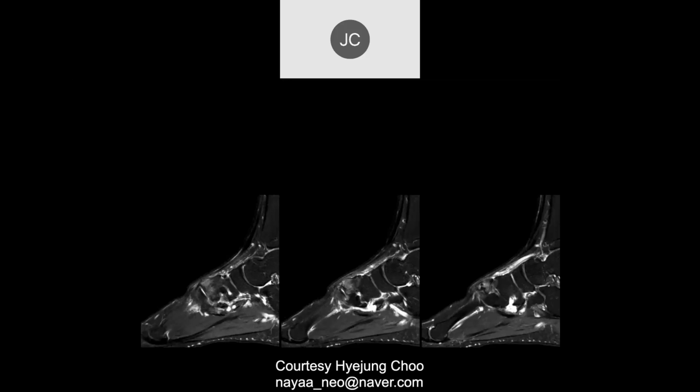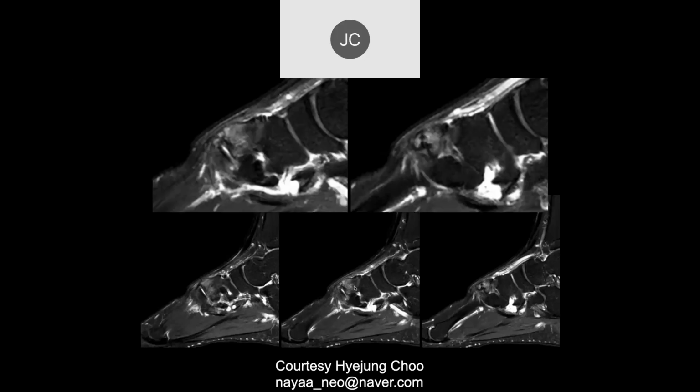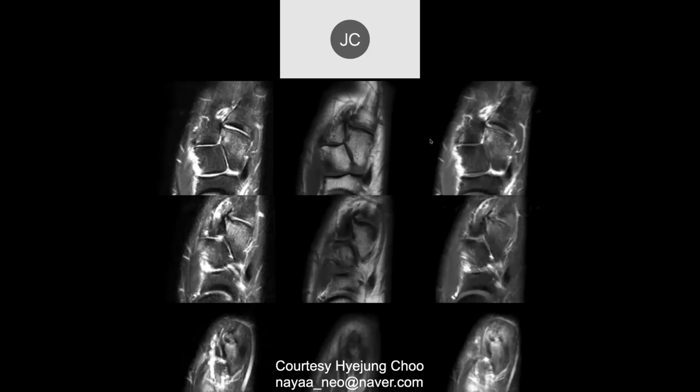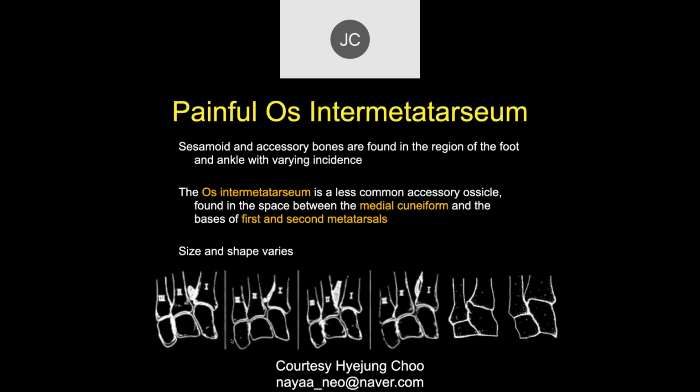The nice thing about MR is that we can see the bone edema, which is a pretty good marker for a cause of symptoms, and we can see that there's a prominent bony eminence here. So this patient probably presented with a palpable hard mass on the dorsal aspect of the foot, with bone edema and so forth.